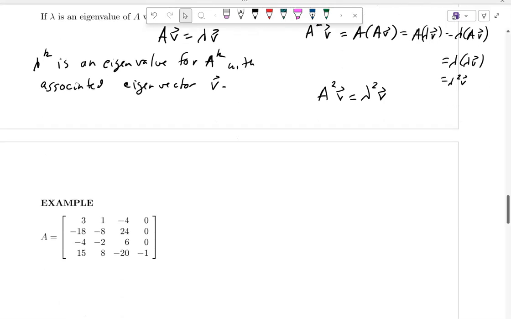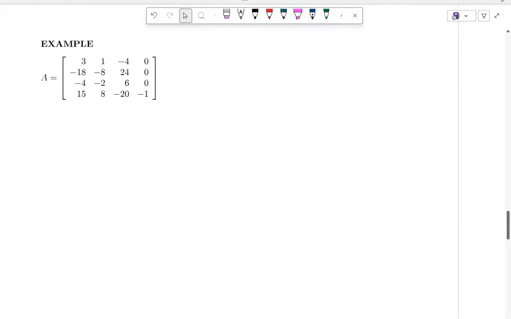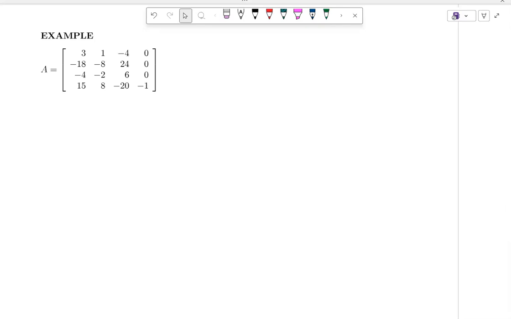All right. Let's do another example. This one looks kind of ugly, right? So let me show you how you would attack this with technology to find the eigenvalues. In particular, let me show you how you would do this on your calculator. So the matrix in this case is a 4x4.